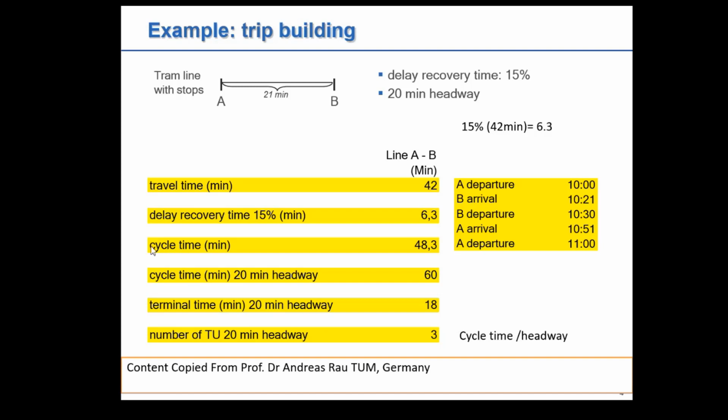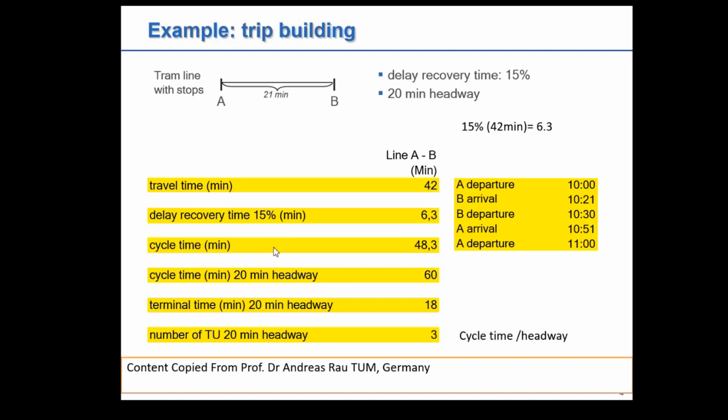And we have the given headway of 20 minutes, so we cannot plan for 48 or 49 minutes, because if we have a headway of every 20 minutes, then it is 20, 40, and then 60. So the total time for that specific route is 60 minutes.